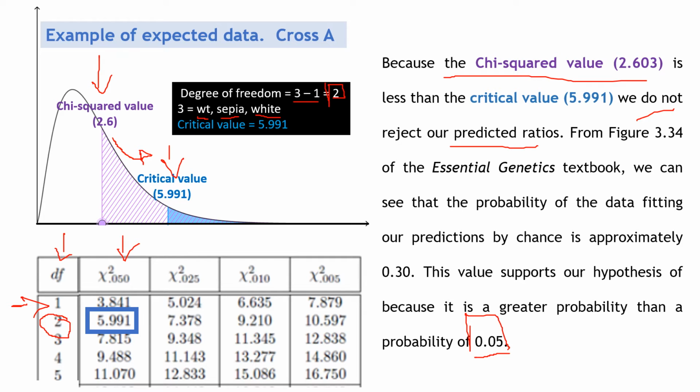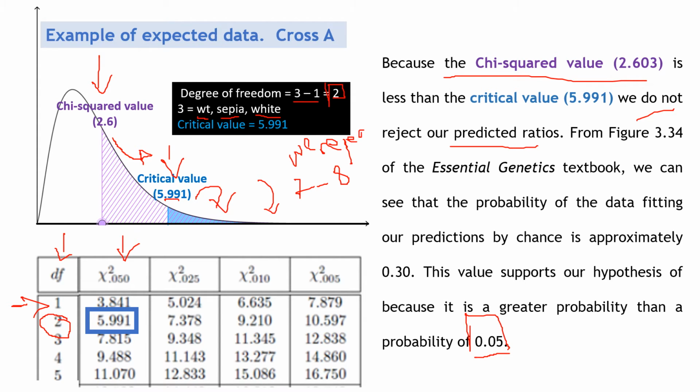We only will reject it if it was higher, if we had 7, 8, 20, in this case we reject.